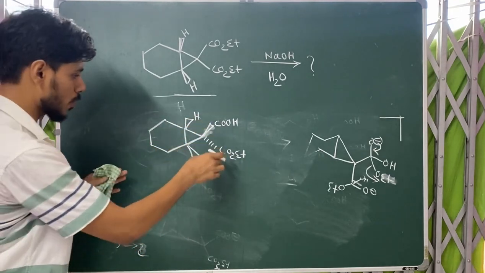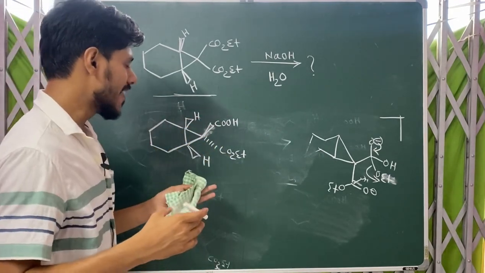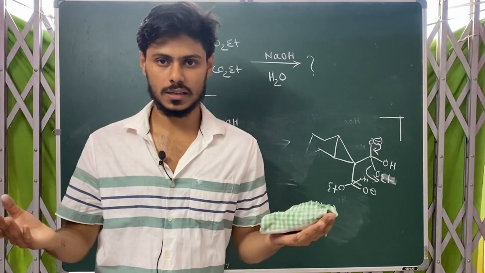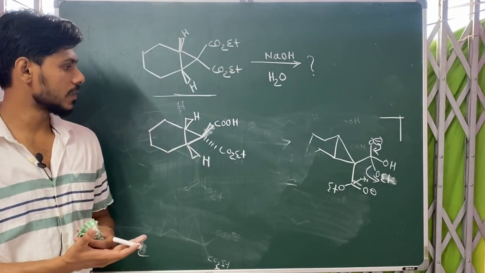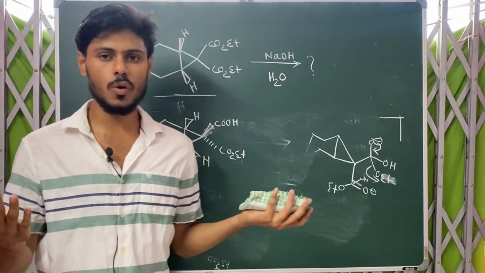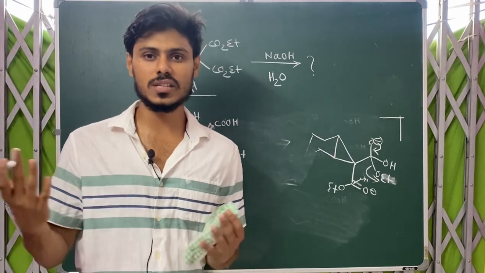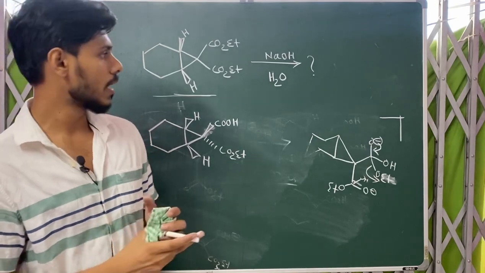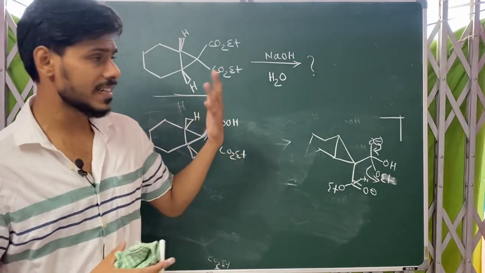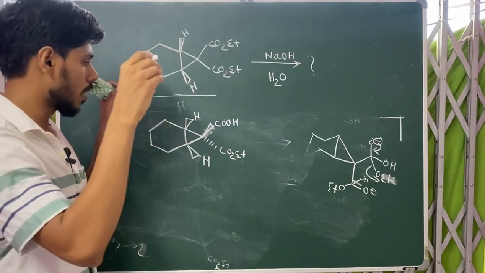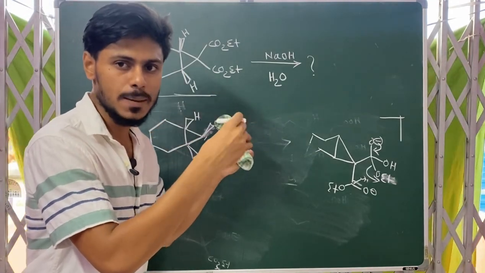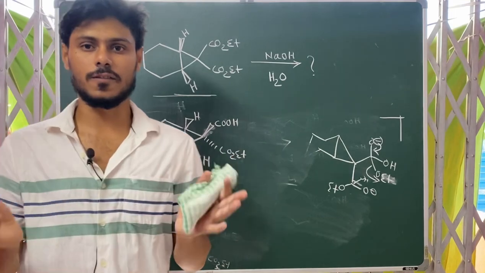These two positions are regioselectively different, so this is a regioselective ester hydrolysis. I hope this video will help you understand the regioselectivity in this type of reaction, where at first glance you may see these two positions as almost equal, but if you look in a deeper way, you can see the difference.